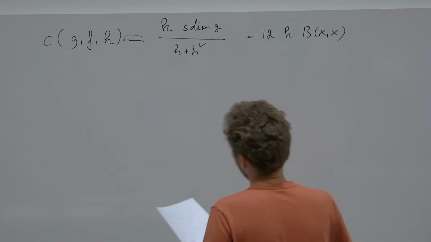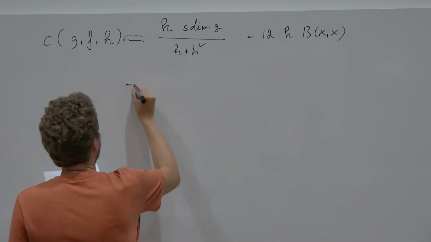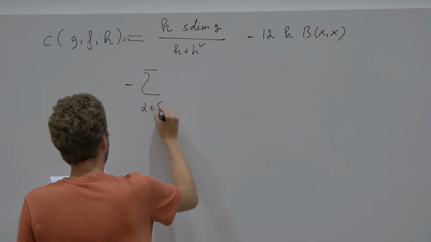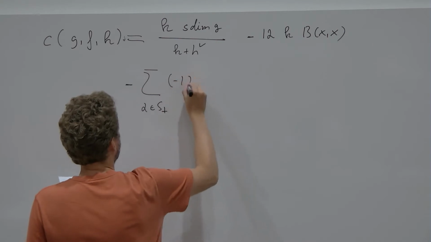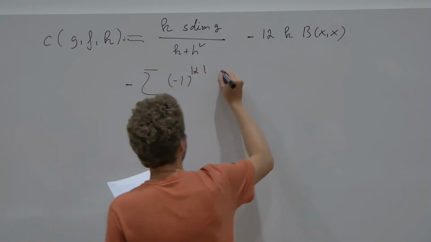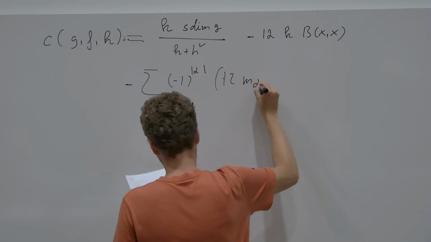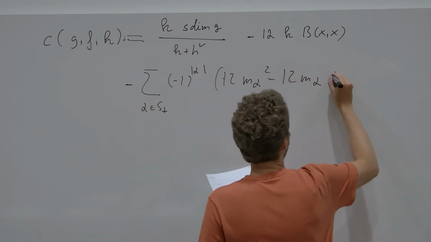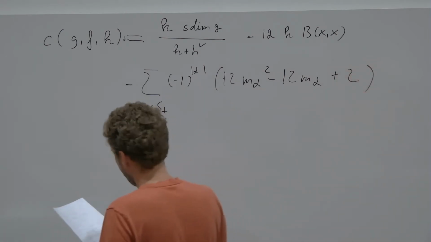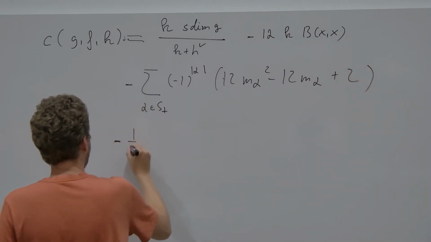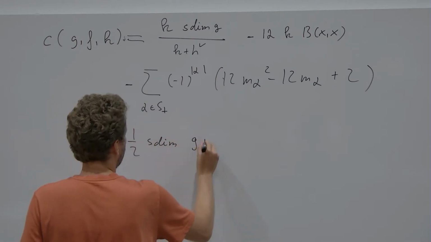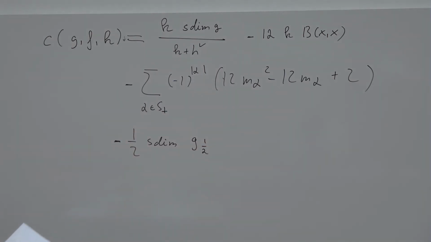Then we get a term coming from the phi alpha free fields. And then finally, the dimension 1/2 fields give an extra contribution that just depends on the superdimension of G1/2, the difference of even and odd part.